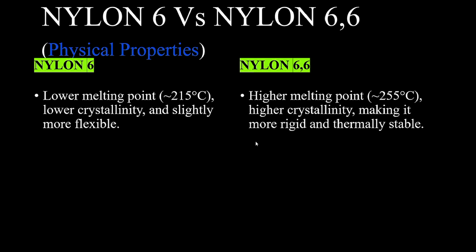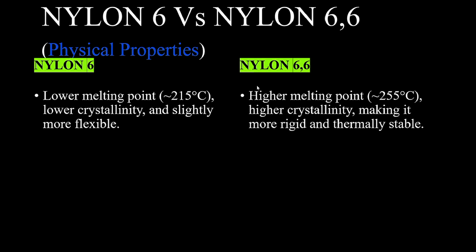Third, we are discussing the physical properties. Nylon 6 has a lower melting point of about 215 centigrade, lower crystallinity, and is slightly more flexible.